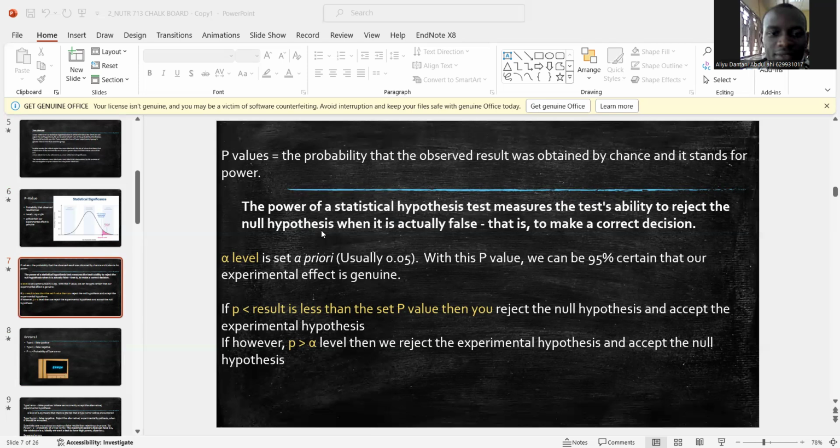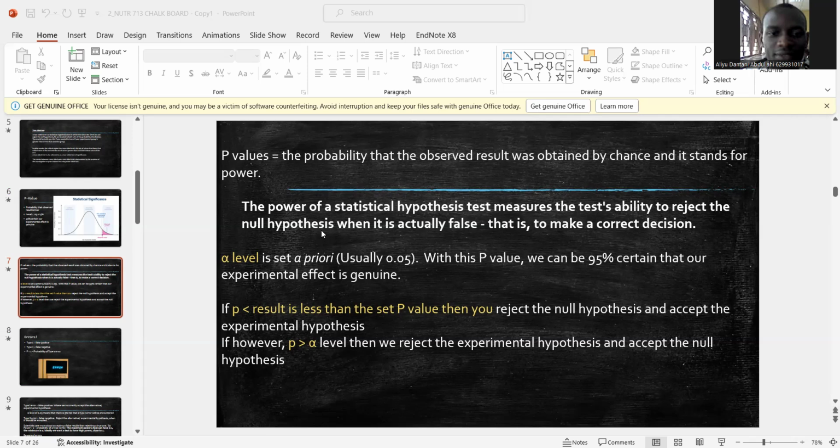Now, the power of the p-value is to prove that there's a significant difference. And if the p-value is less than 0.05, that's your 5% chance. If it's less than that, then we are saying that your null hypothesis is false. We are saying that there's a significant difference.